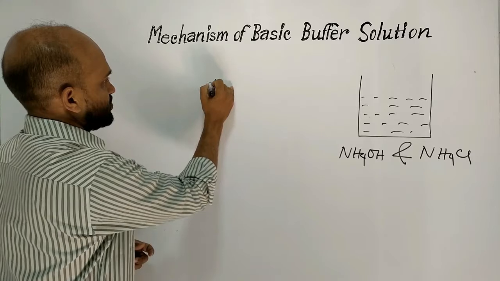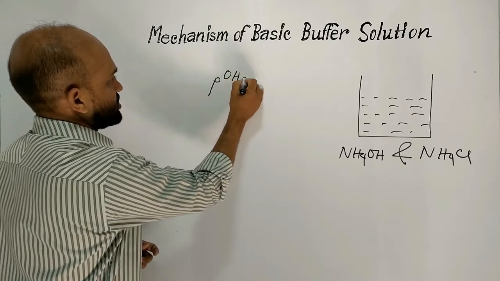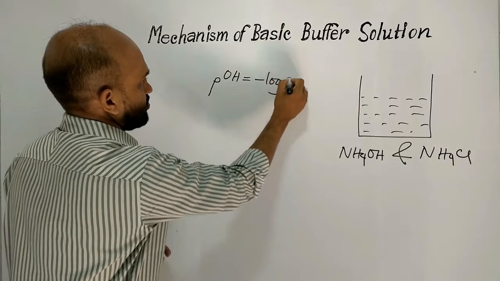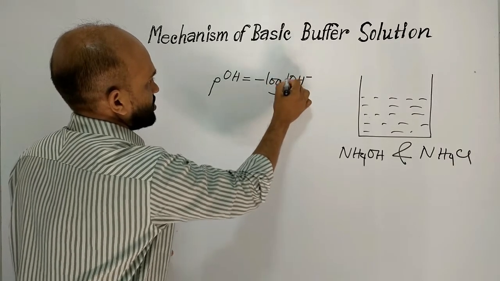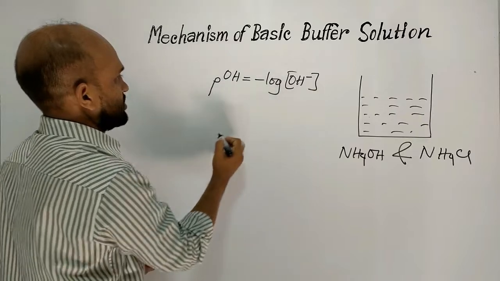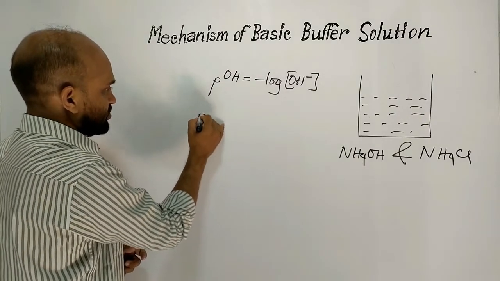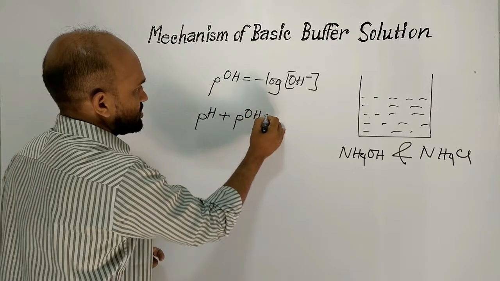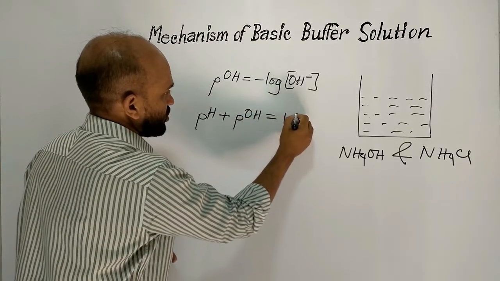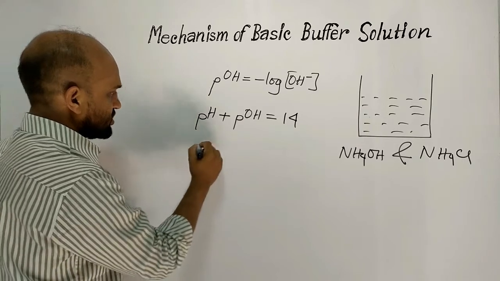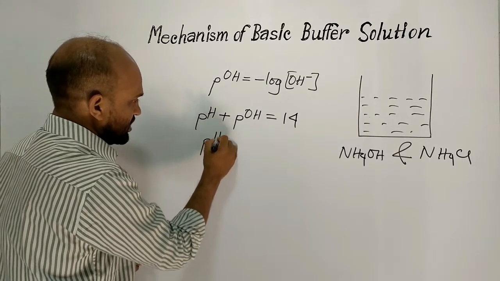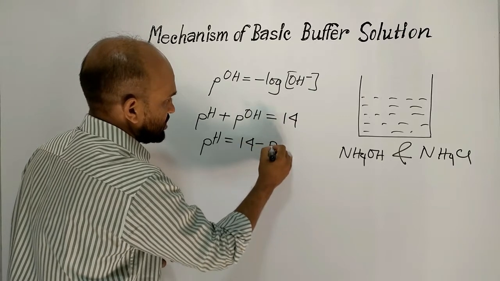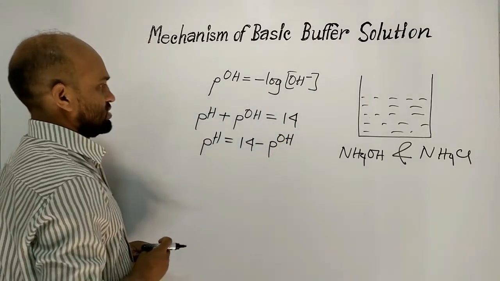One is pOH is equal to minus log of hydroxide ion concentration, and pH plus pOH is equal to 14. That means pH is equal to 14 minus pOH.